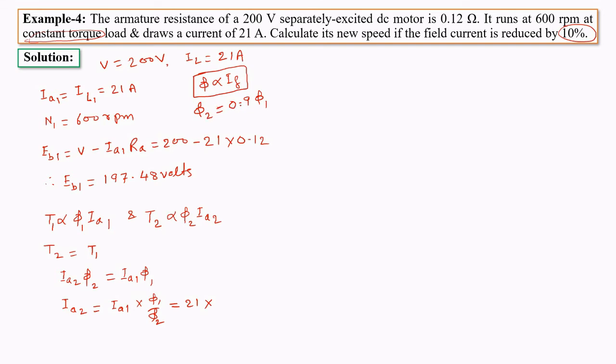So phi 1 by phi 2 will be equal to 1 upon 0.9. Therefore, the armature current in the second condition will be 23.33 ampere, when the field current is reduced by 10%.